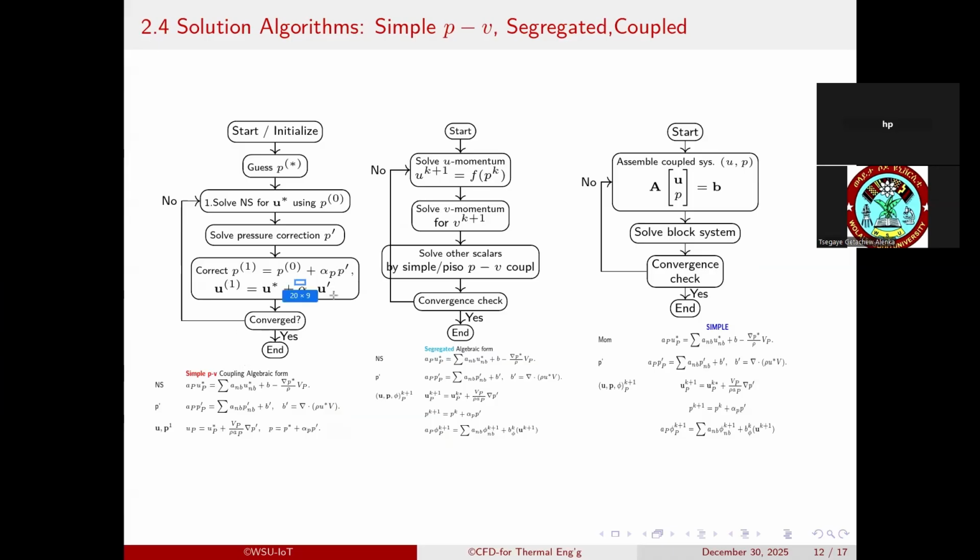This is repeated until the pressures converge. The segregated solution algorithm is where each variable is solved from its own scalar equation in sequence.